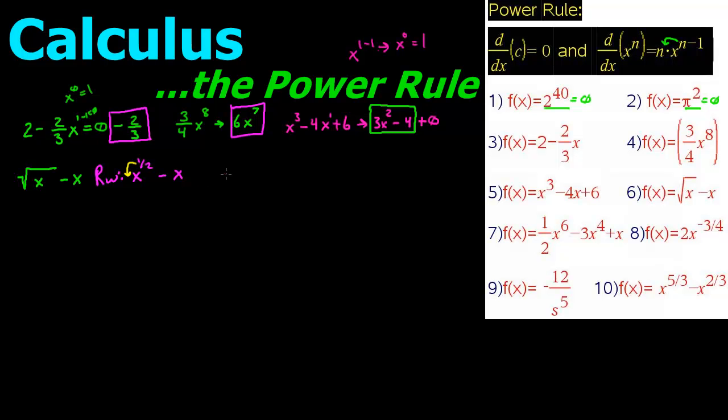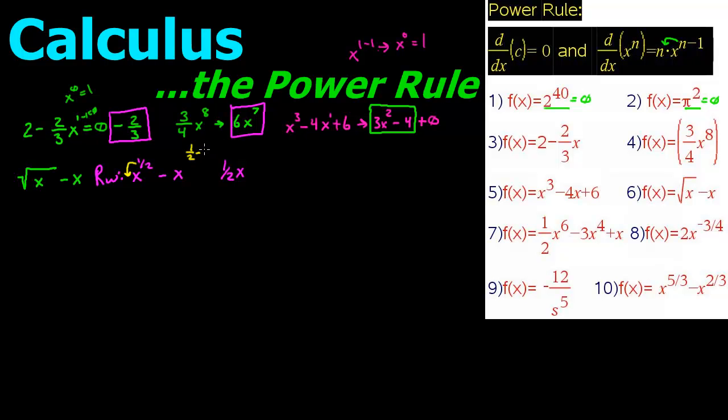So now you're going to get a 1/2 x, and what's going to happen to the exponent right here? Well, for this 1/2, we take 1/2 minus 1, because it's n minus 1.